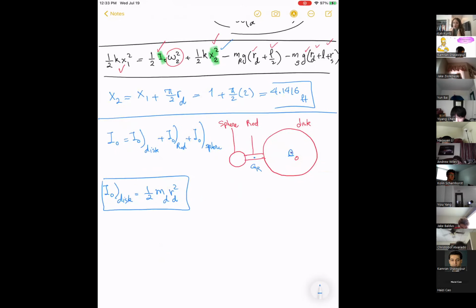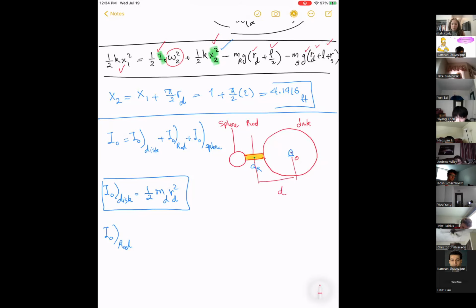For the rod, you have to use the parallel axis theorem because, look here for a second, please, everybody, I know that for the rod, I about its own G, I can calculate that. It is in the back of the textbook. Then I'm going to use the parallel axis theorem.